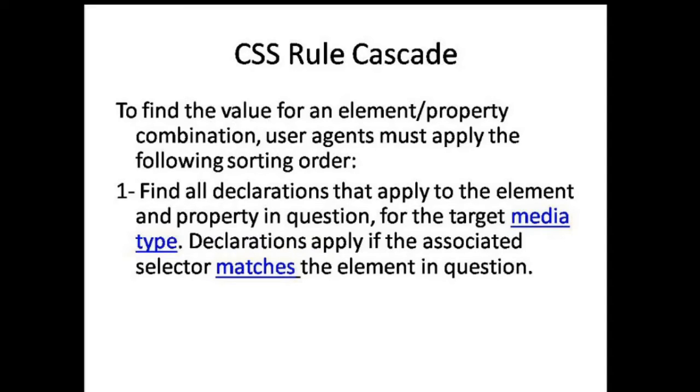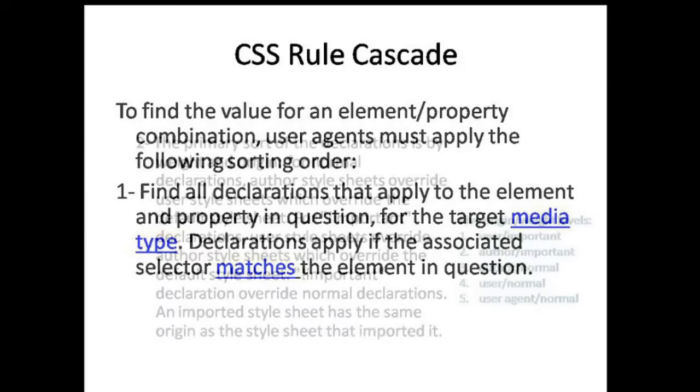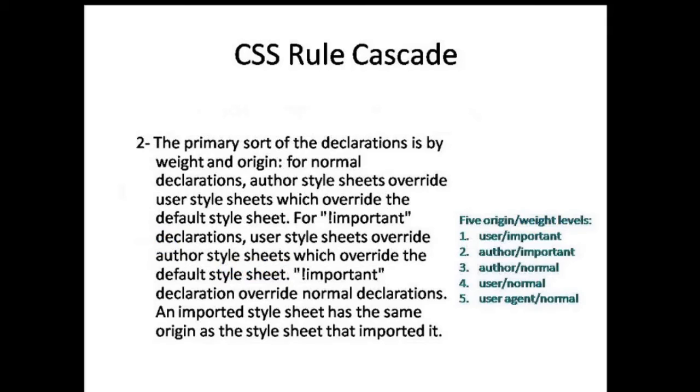To find the value of an element property combination, user agents must apply the following sorting order. Find all declarations that apply to the element and property in question for the target media type. Declarations apply if the associated selector matches the element in question. The primary sort of the declarations is by weight and origin.